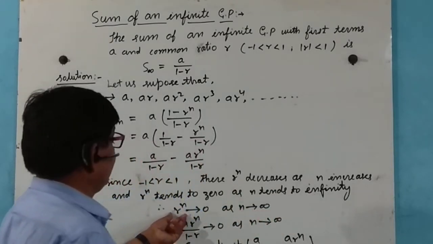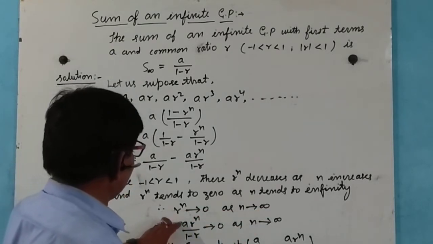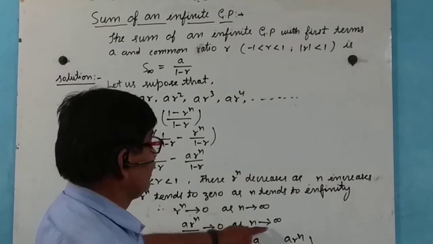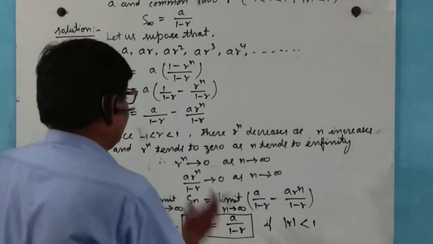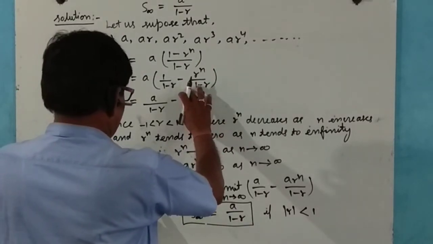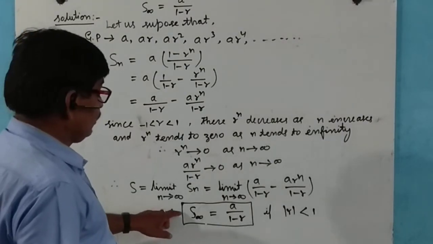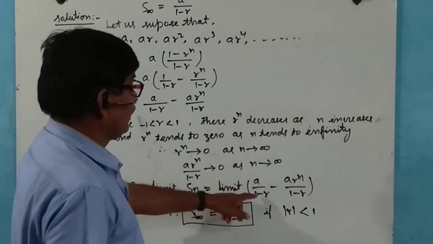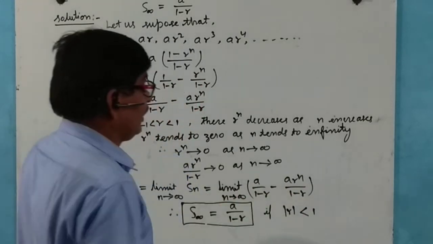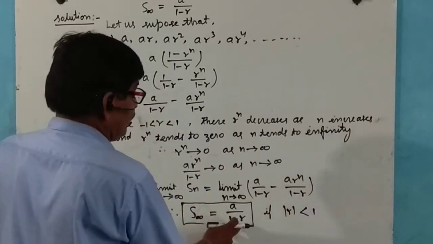It means that A into R to the power n divided by 1 minus R tends to 0 as n tends to infinity, so that term becomes 0. So the sum of infinite terms, the limit as n tends to infinity, gives S infinity equal to A by 1 minus R.